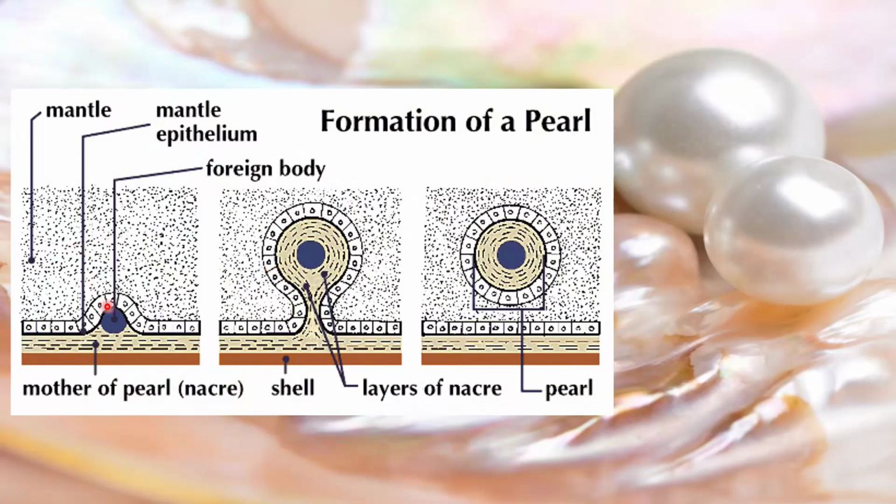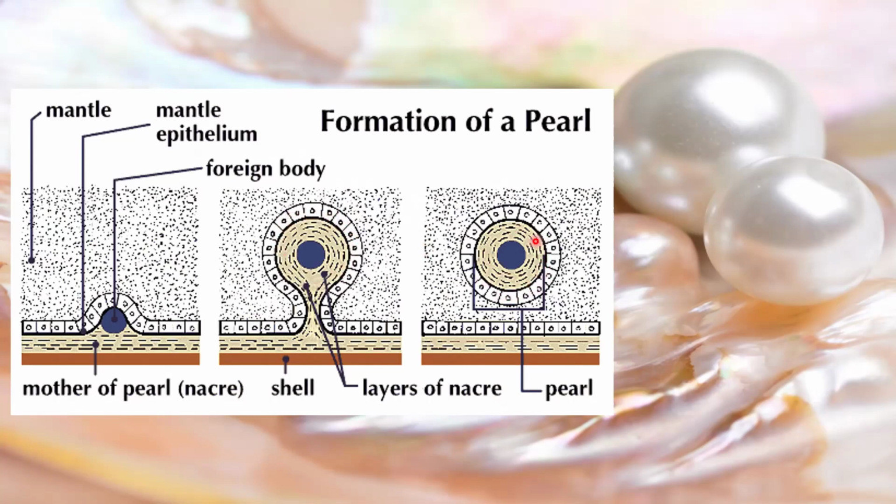Now take a deeper look, an attentive look at this diagrammatic representation. You see the mantle here, the grain enters from here, the foreign body enters from here, and the nacre is secreted all along this.